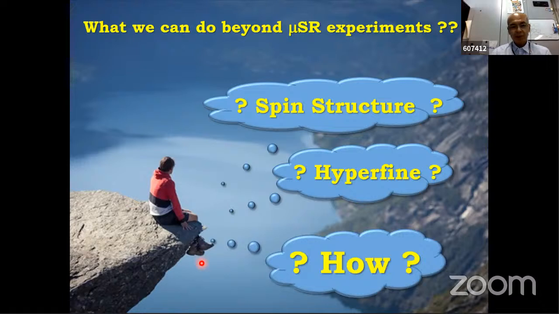Lots of people are starting to think about DFT calculations. Recently, many MUSR researchers are talking about DFT, everywhere DFT. However, this stream of using DFT is not so old.